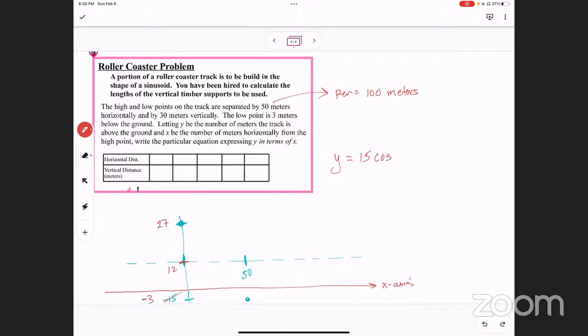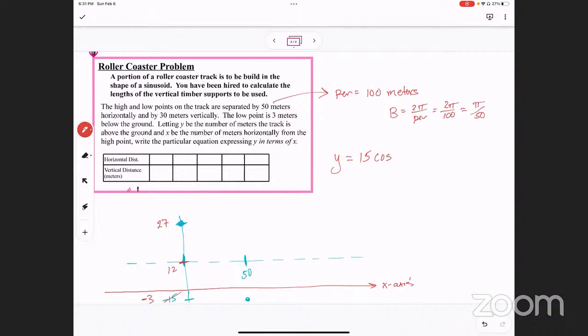Yeah. So what's b equal to? 2π over the period, right? Or 2π over b is the period. Both are true. If you want to find b, it's 2π divided by the period. If you want to find the period, it's 2π divided by b.